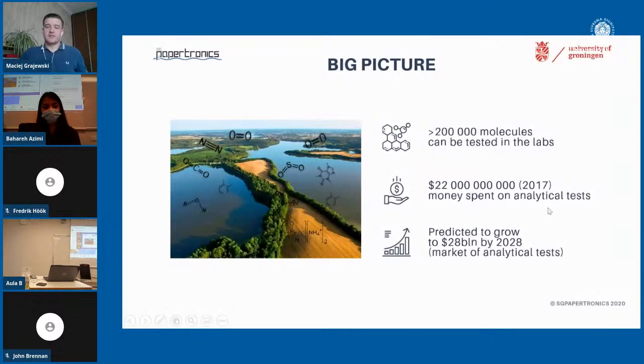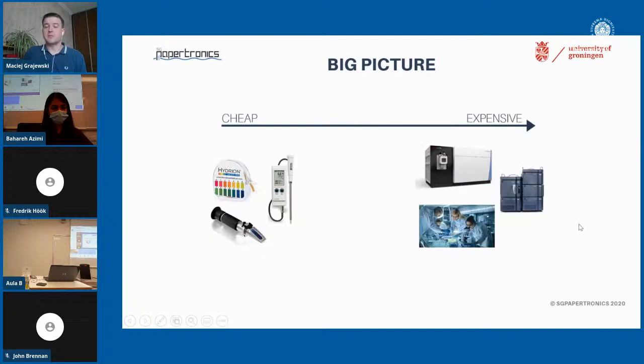So we discovered this big potential in not necessarily the medical market, but the environmental market. And we started thinking about what kind of equipment serves this market.